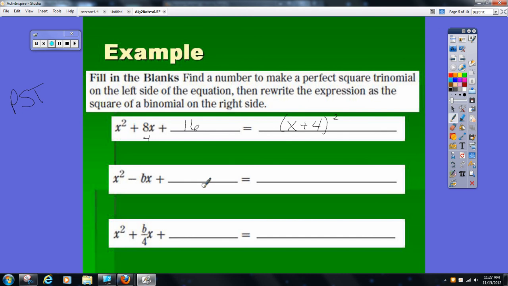This one is a little trickier because it's dealing with a b. Half of b is b over 2. B over 2 squared is b squared over 4.